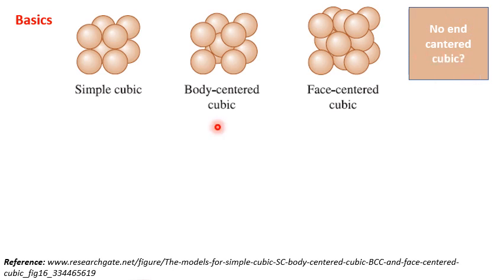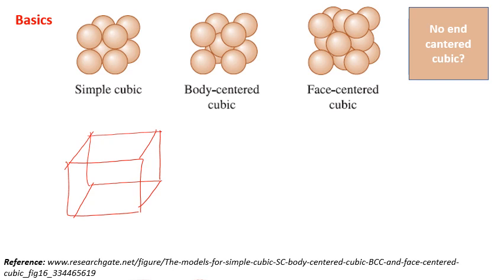Let us first try to understand the atomic arrangement of the simple cubic, body-centered cubic, face-centered cubic. This is the solid model in which the atom is assumed as a solid sphere. If I draw a cubic unit cell, in case of the simple cubic, with the ball and stick model, our atoms are present only at the corners of the cubic unit cell.